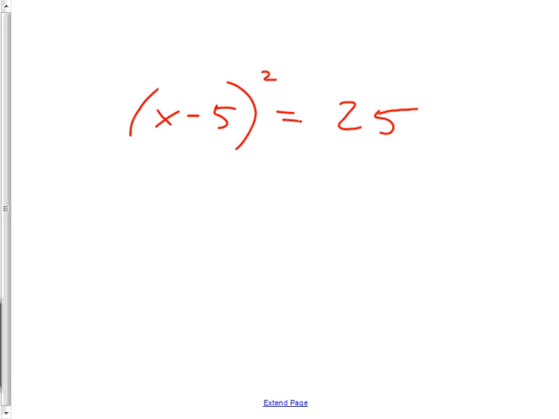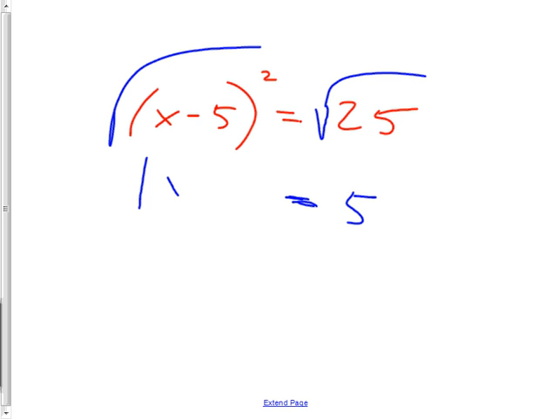How do you get rid of a squared? Square root. If I do the square root of this side and the square root of that side, square root of 25 is 5. It's that simple. But on the other side, when you do the square root when there's a variable, what do I need? Absolute value of x minus 5 equals 5.